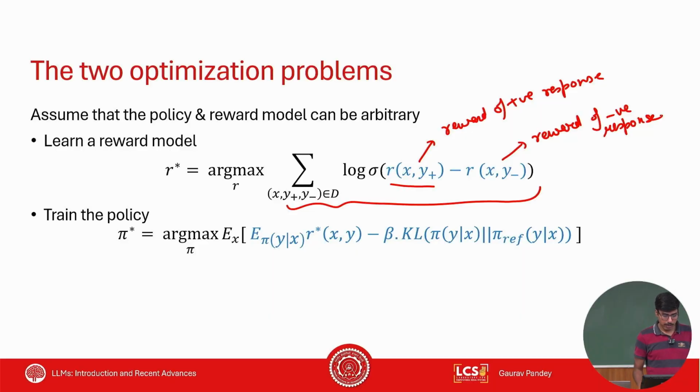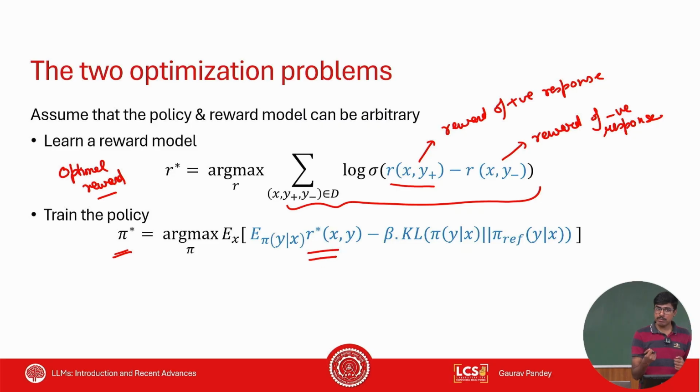So the optimal policy is the one which maximizes the difference between the reward of the positive preferred output and the reward of the negative rejected output. And this is the optimal reward. The optimal policy pi star can be written as a function of the optimal reward function, right?